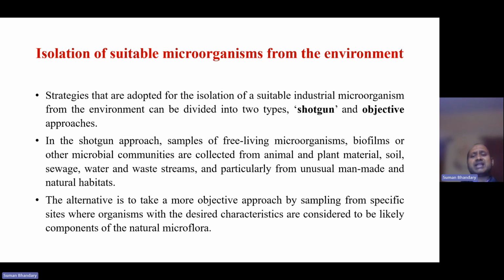And then we will go for sampling. Sampling is then conducted in environments where such microorganisms are likely to be found, meaning here we are not searching in various fields.